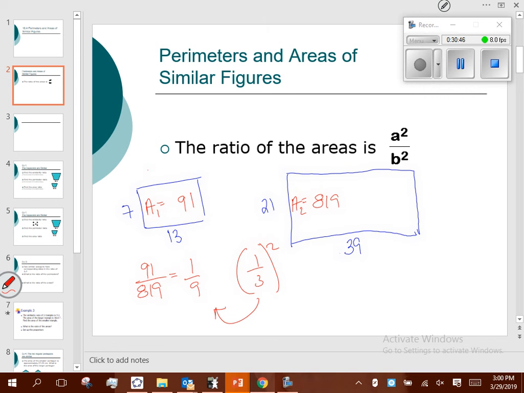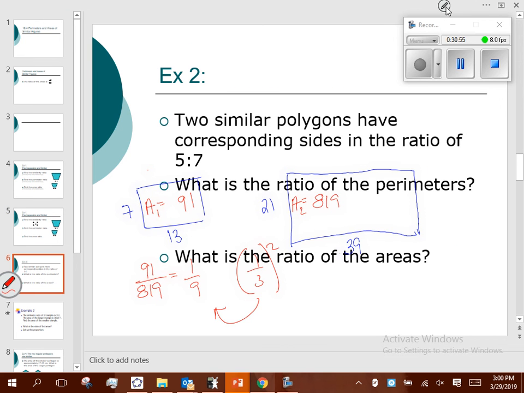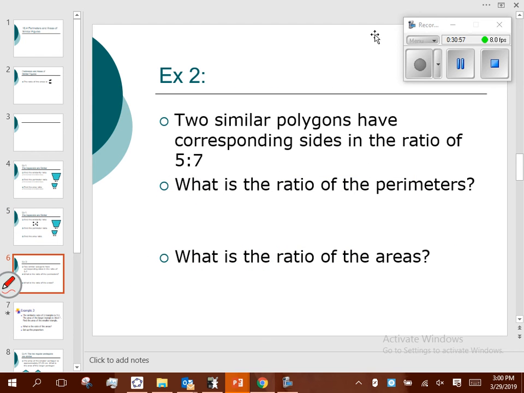Another example: if your scale factor is 5/7, your ratio of perimeters is 5/7, your ratio of areas is 25/49. Is that pretty straightforward, pretty simple to do?